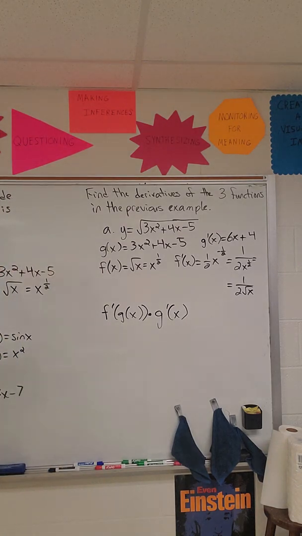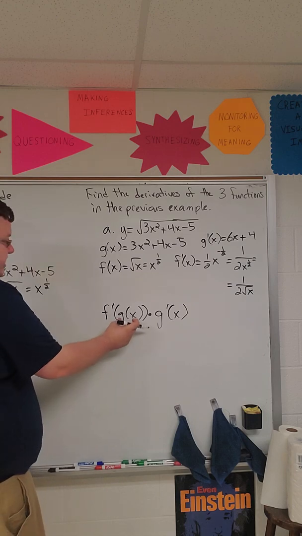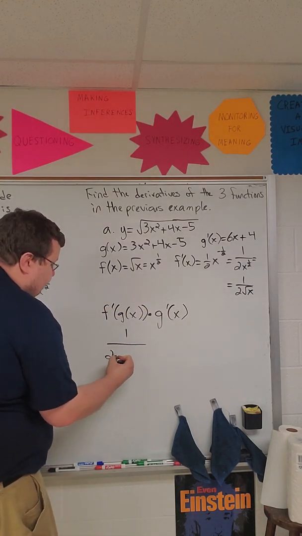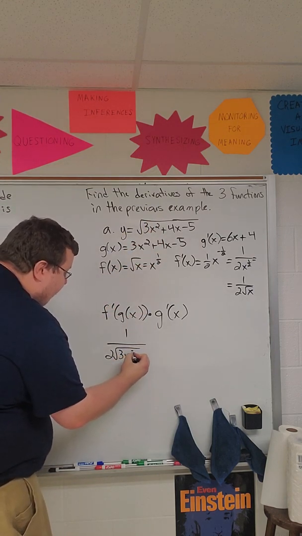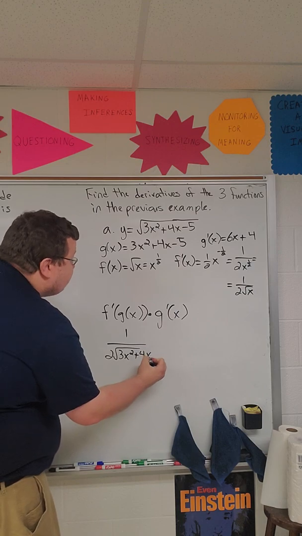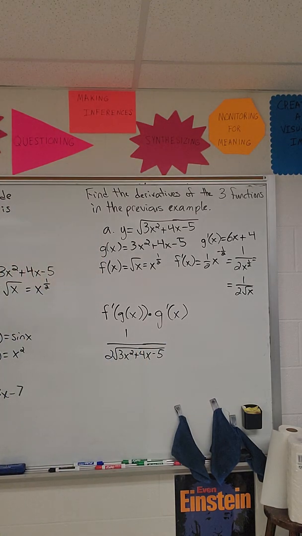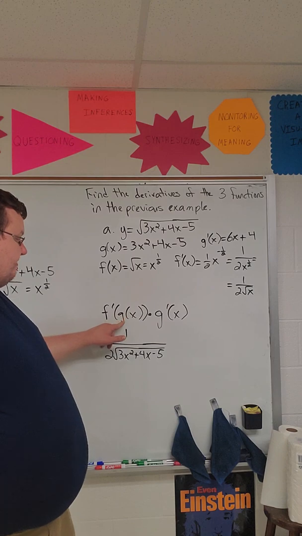So f prime is 1 over 2 square root of x, but I'm going to plug g into that. So I'm going to get 1 over 2 times the square root of 3x squared plus 4x minus 5. That's f prime, but with g plugged into it.